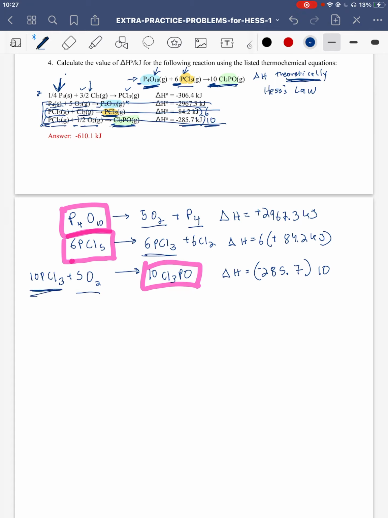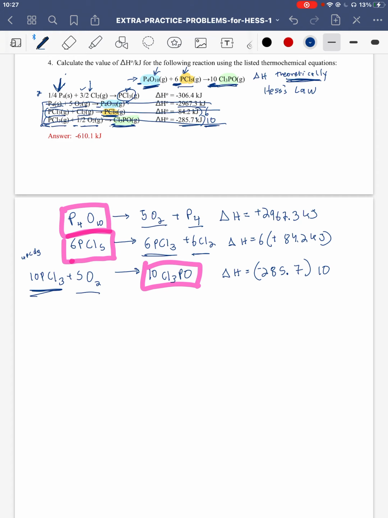6 PCl3s and 10 PCl3s. So 6 of these cancel, but I have 4 PCl3s, excuse me, that haven't canceled yet. Okay, so I'm going to need some on the other side. Cool. And then 6 Cl2, those have not canceled with anything. So let's just try dealing with one of these and see how things kind of shake themselves out here.